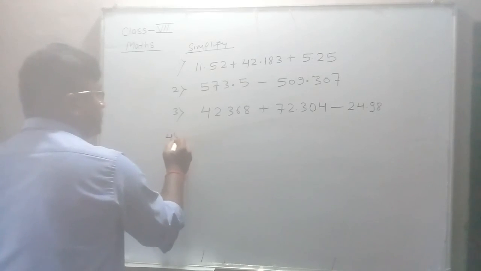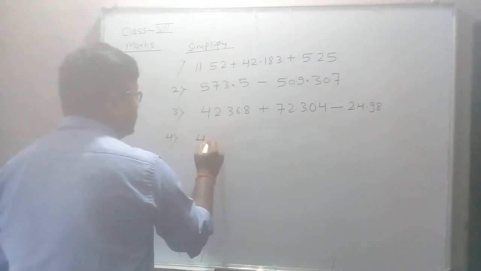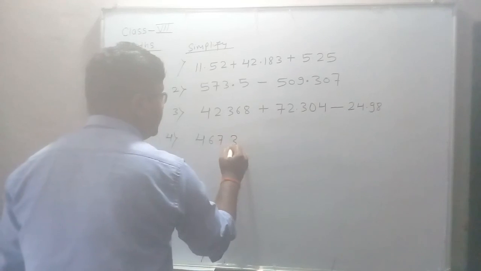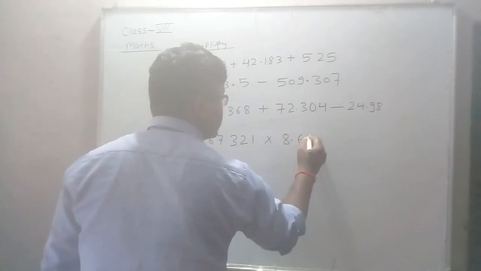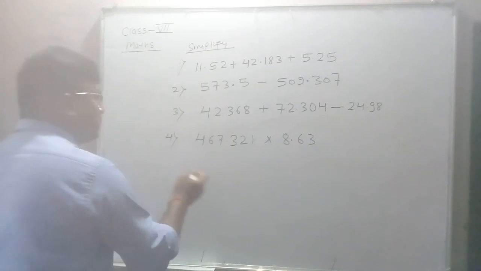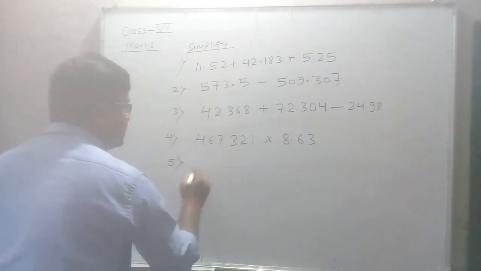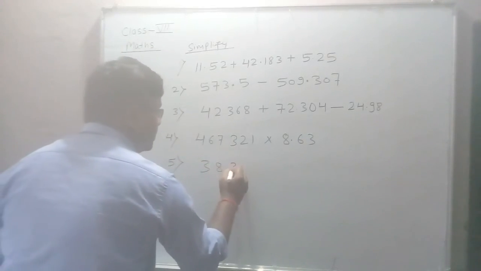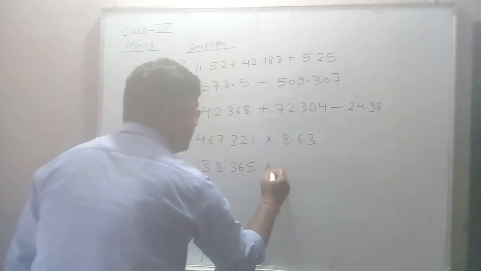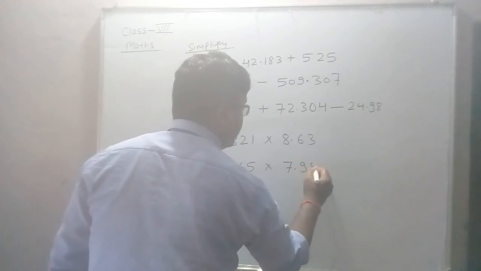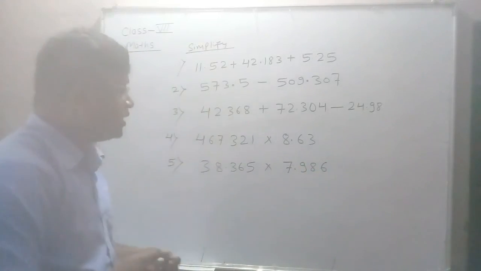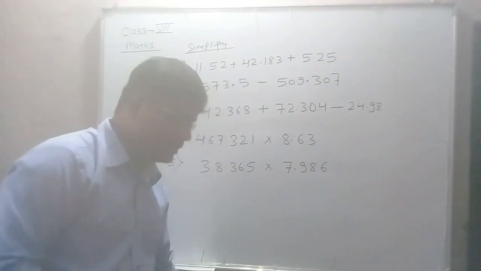Similarly, your last question, 467.321 multiplied by 8.63. Let me give one more question, okay, for your more practice: 38.365 multiplied with 7.986. Okay, so please you all try this question. I hope you can easily do.